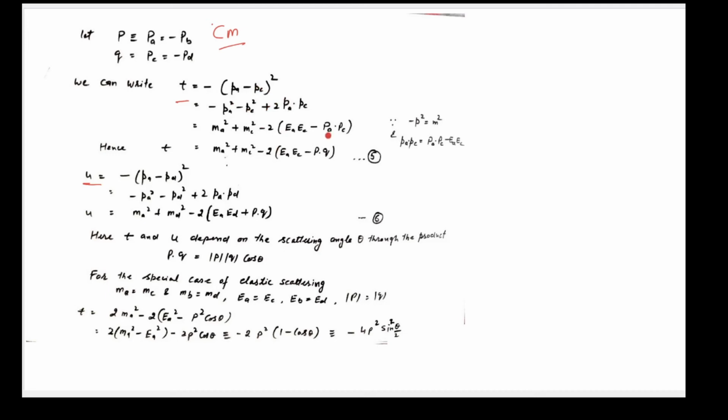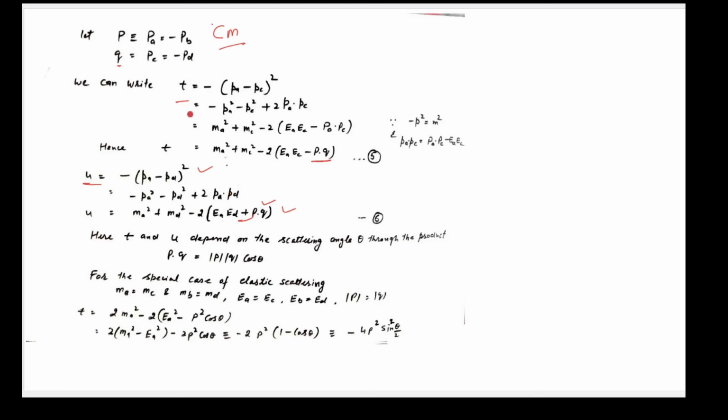Now we will substitute the value of p_A equal to p and p_C equal to q here. So here we have the dot product of p and q. Now U will be equal to this. Similarly, solving it, we will get this. Here we get a plus sign because p_D is equal to minus q, hence we get a positive sign.